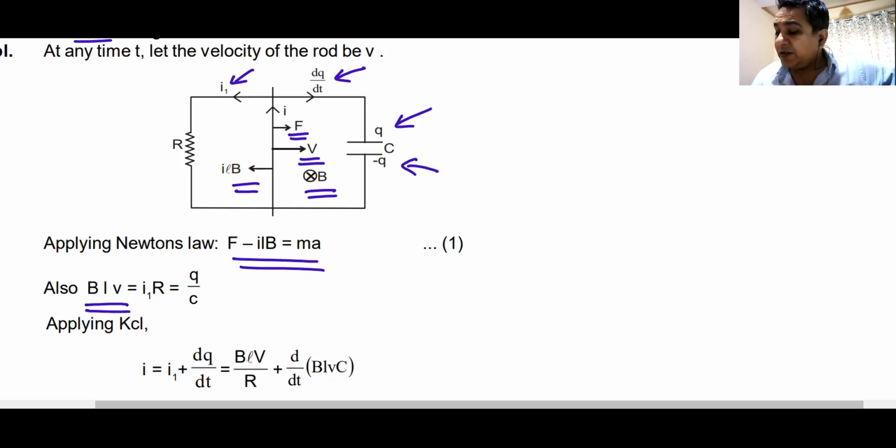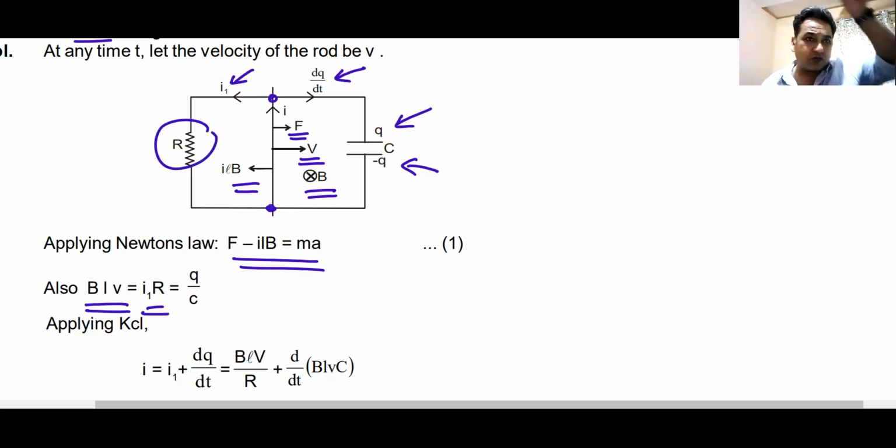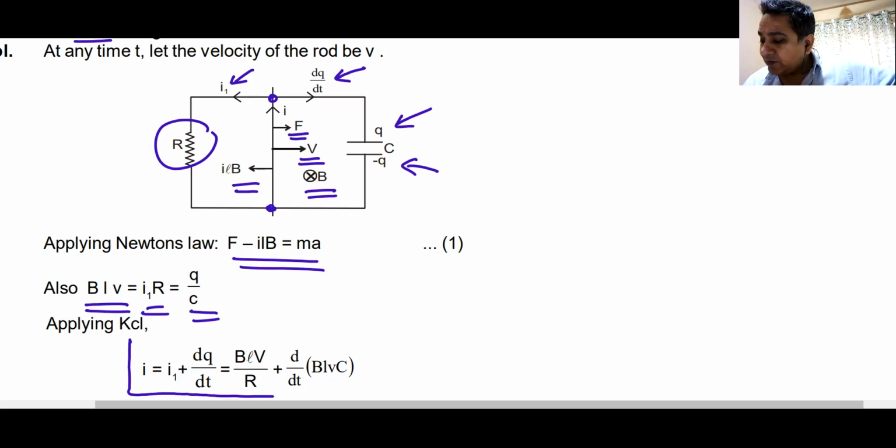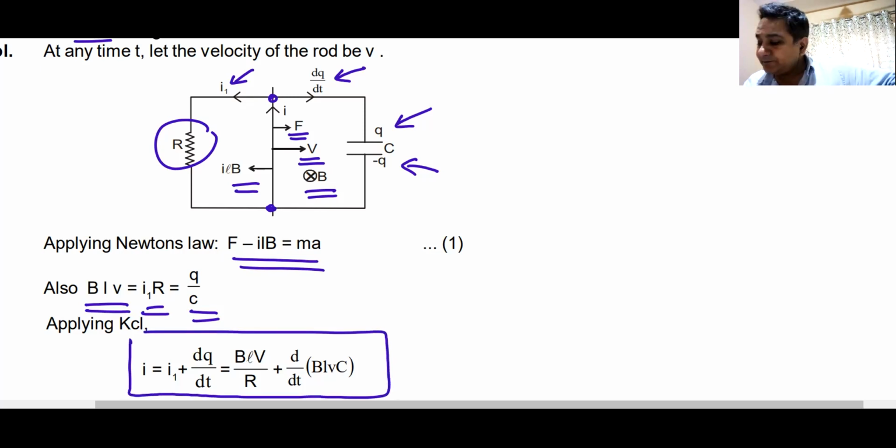Now this BLv is the EMF induced in this rod. That will be equal to I1 R, because these two points are at the same potential, whether you go from this branch or this branch or this branch. That is equal to q by C. Now you can apply Kirchhoff's current law. I will be equal to I1 plus dq by dt. Incoming should be equal to outgoing.